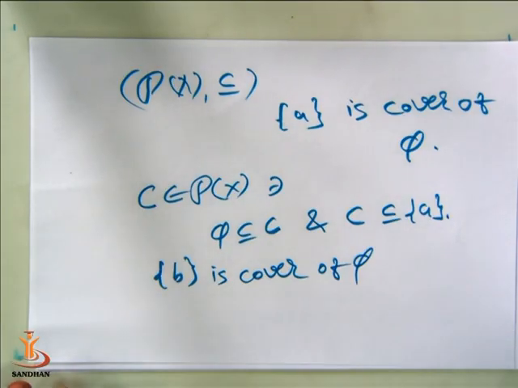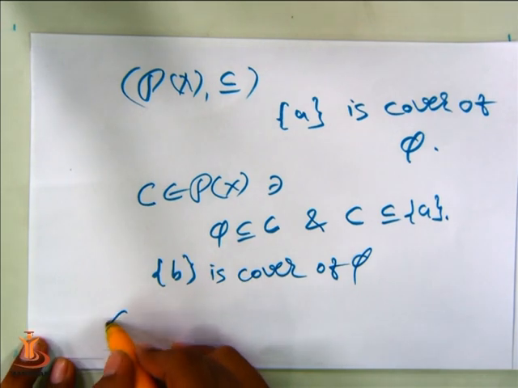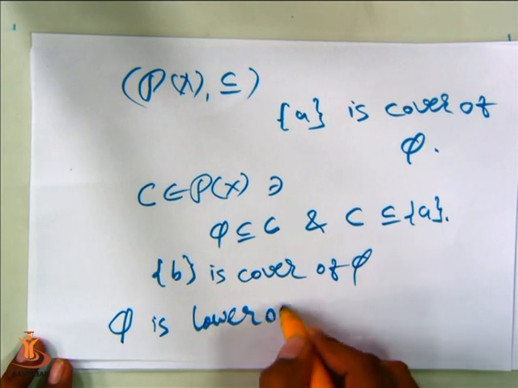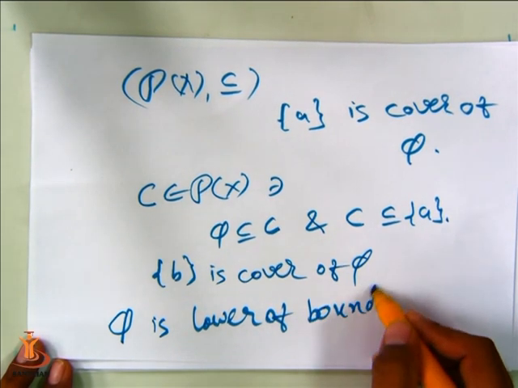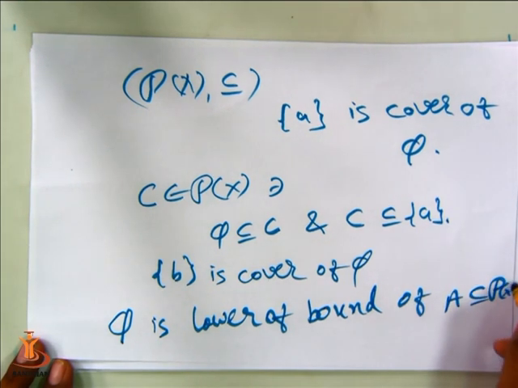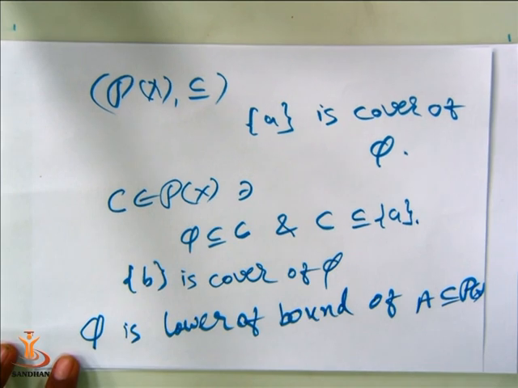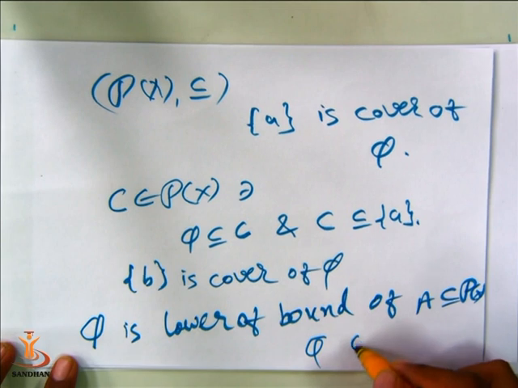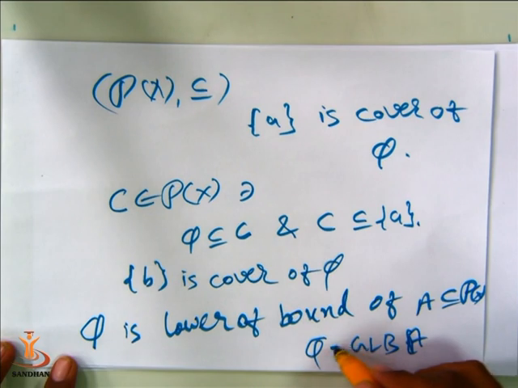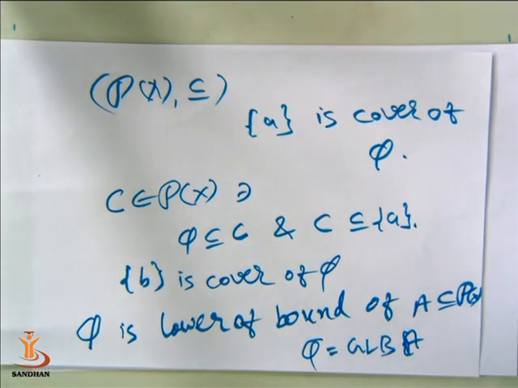For example, in a power set of X, we can say that phi is the lower bound of any set A, a subset of the power set of X, and there is no other lower bound such that phi is a subset of A. Therefore phi is GLB of any set A, right? So here phi is nothing but the GLB of set A.